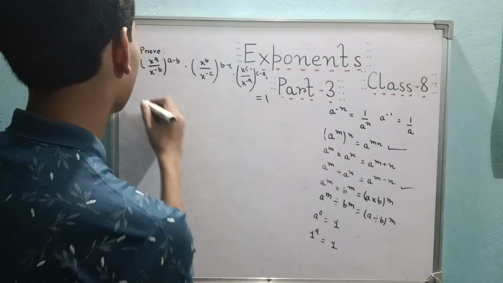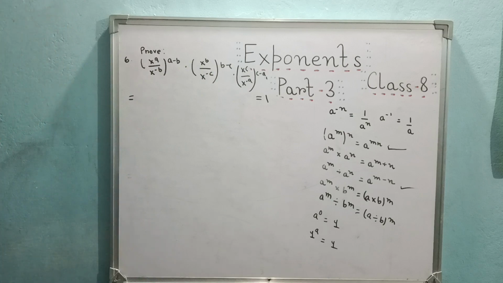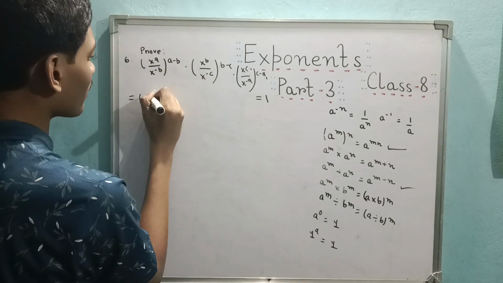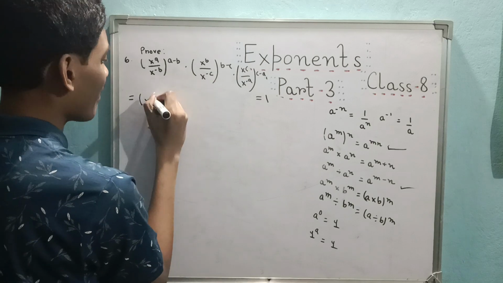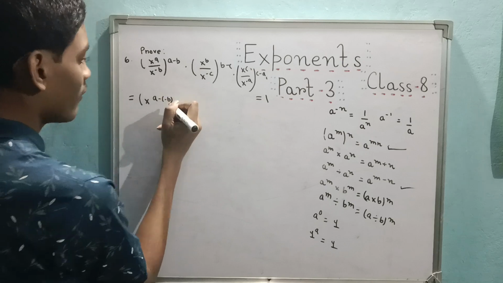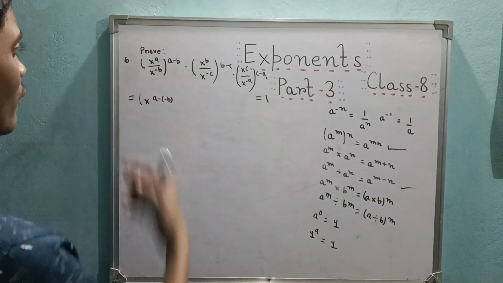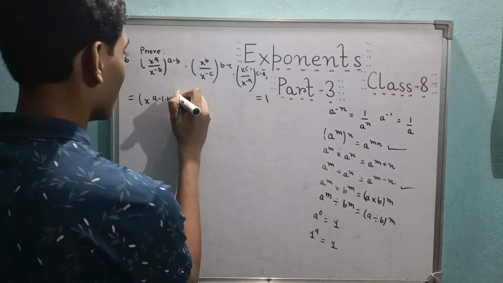Just see it. For the common base, the powers get subtracted because division is happening. So this is x to the power a minus, what am I doing, a minus minus b. Right? The powers are getting subtracted. Division is happening. We have a base common. So the powers will get subtracted. Right? We know the rule here. Stop fooling us.